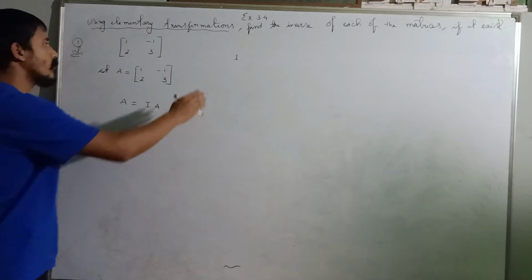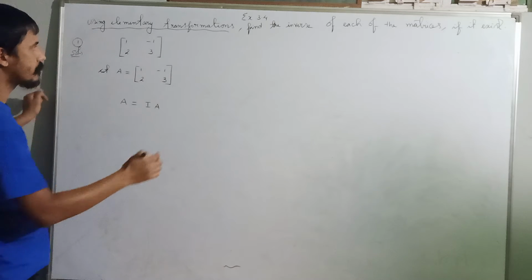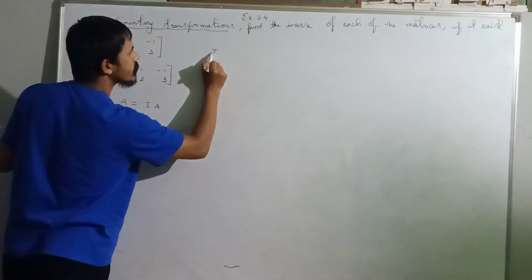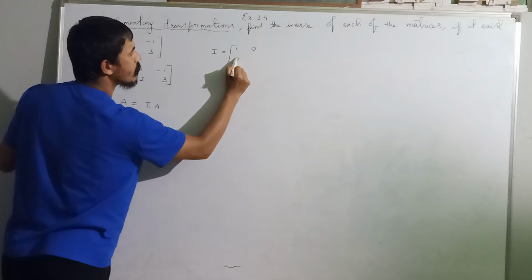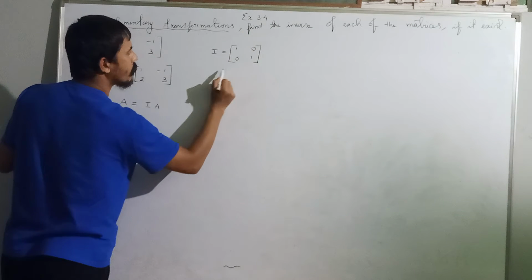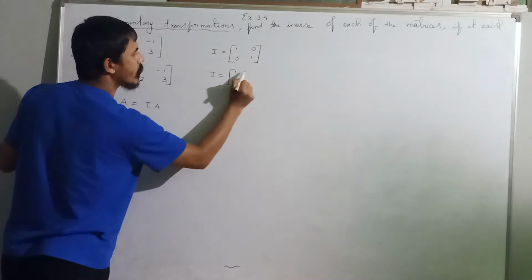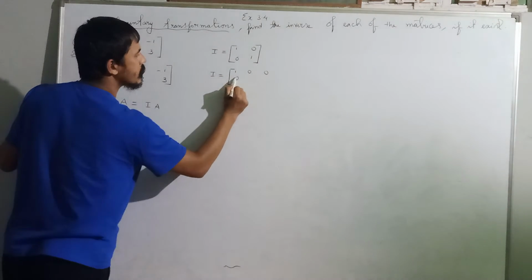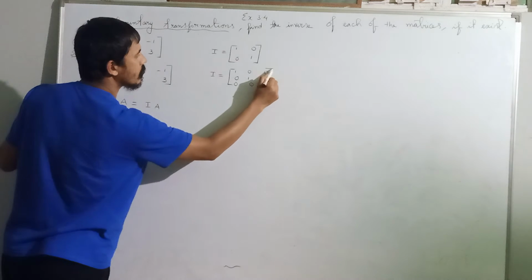So in matrices, this I, for a 2 cross 2 matrix, we can write I as 1, 0, 0, and 1. And for a 3 cross 3 matrix, the identity matrix will be 1, 0, 0, 0, 1, 0, 0, 0, and so on.